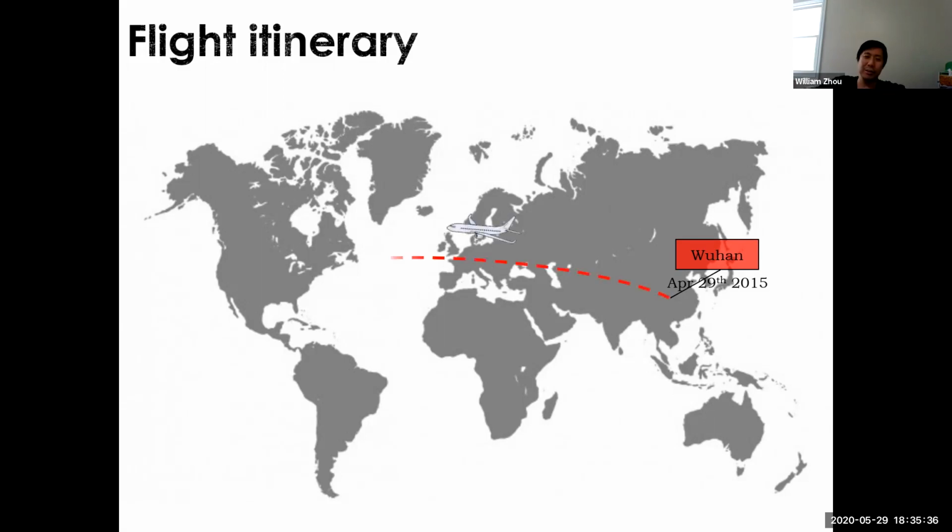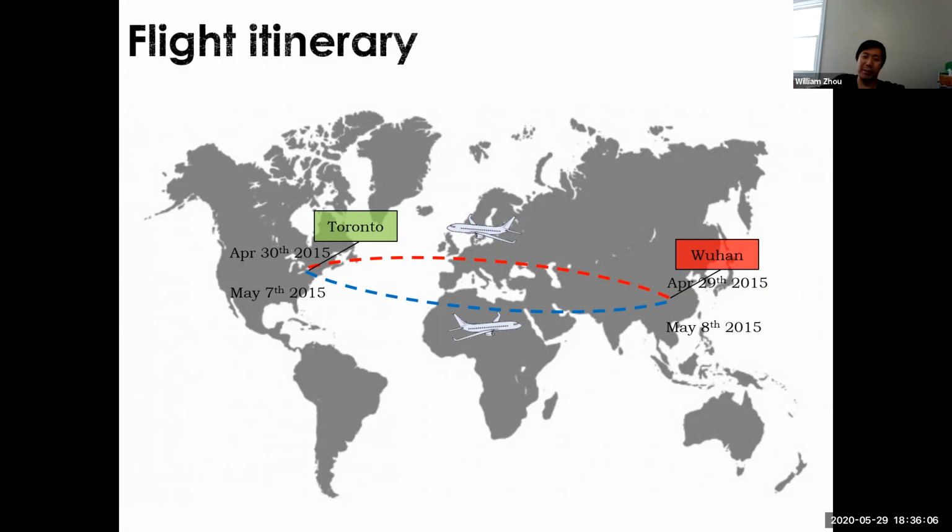I fly to Toronto, and I land in Toronto on April 30th, 2015. And then after having spent a week in Toronto, I'm like, okay, it's time to go back to work. So I hop on the plane on May 7th, 2015, and then I land on May 8th, 2015, back in Wuhan. And then I went back to work basically a few hours later on Monday.